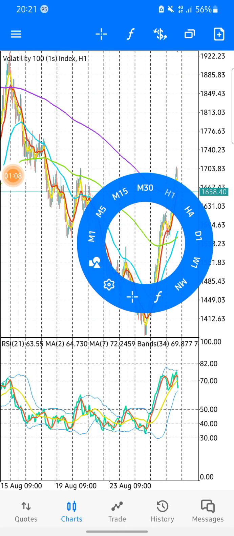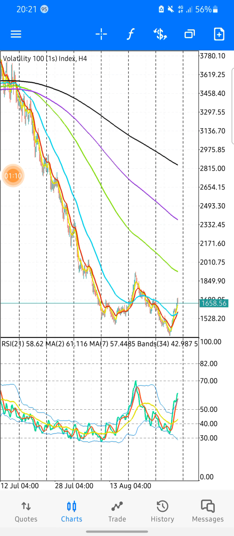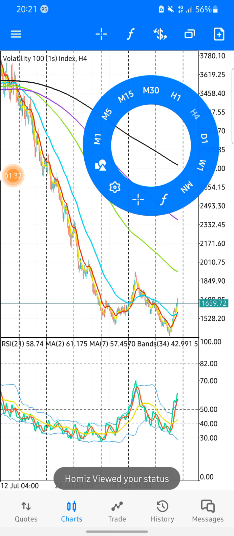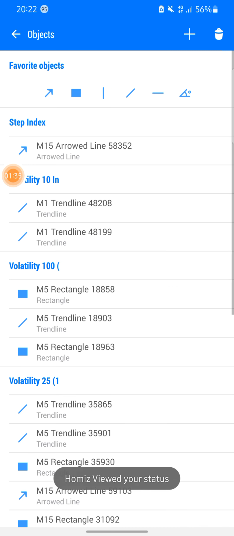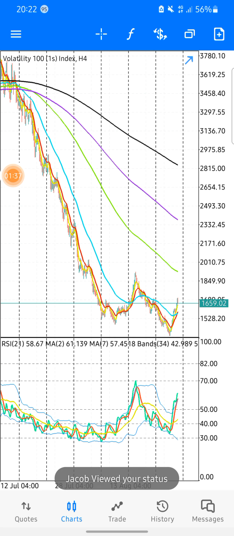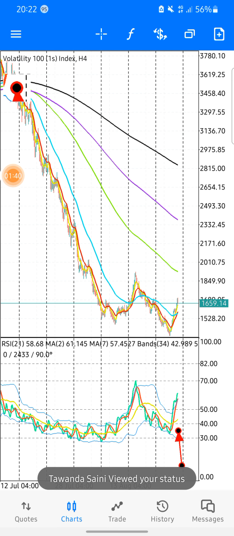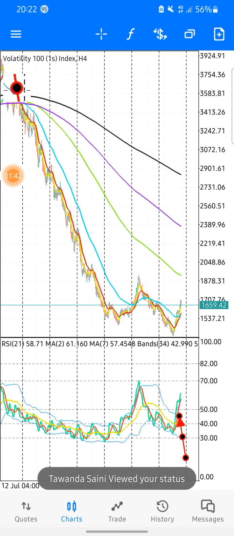So usually when we are doing time frame blending, we start by looking at our bias time frame, which is the H4 time frame. If you check now, on the H4 time frame, I take this arrow, I come here to my TDI and point there.